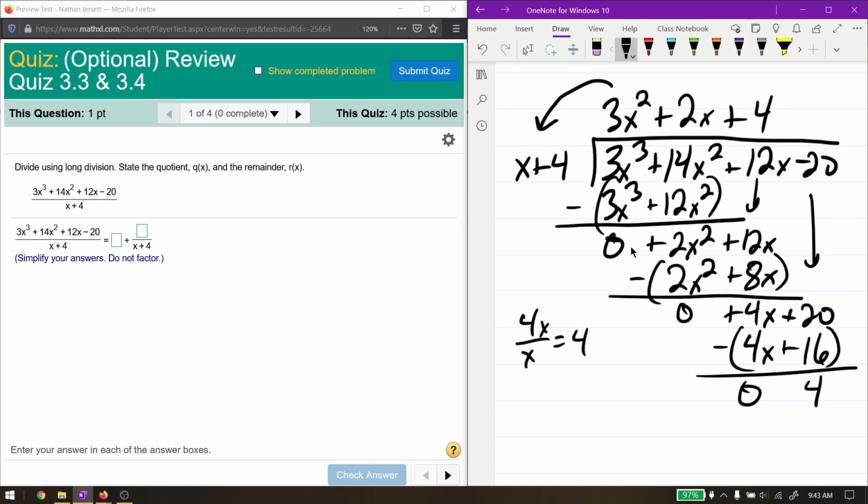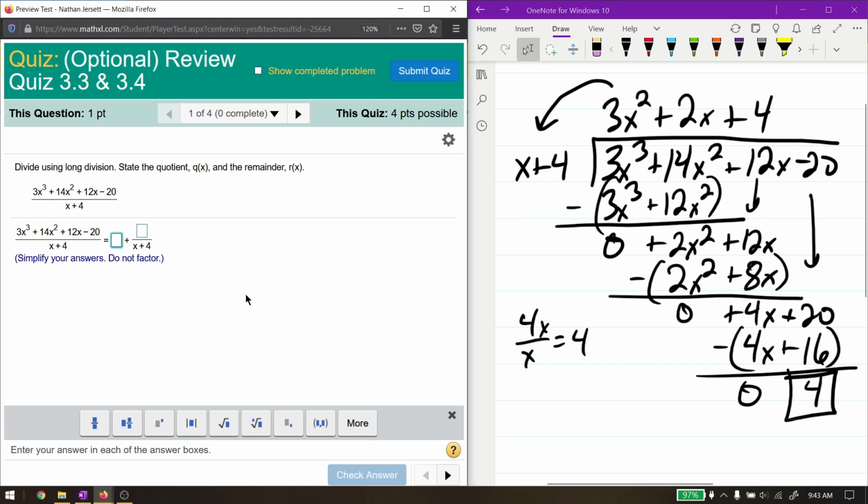There's no other x to divide out, right? If I took the 4 divided by x, this is just a rational function. There's nothing else we can do there. There's no nice division, so that's kind of where we can stop. And this is our remainder.